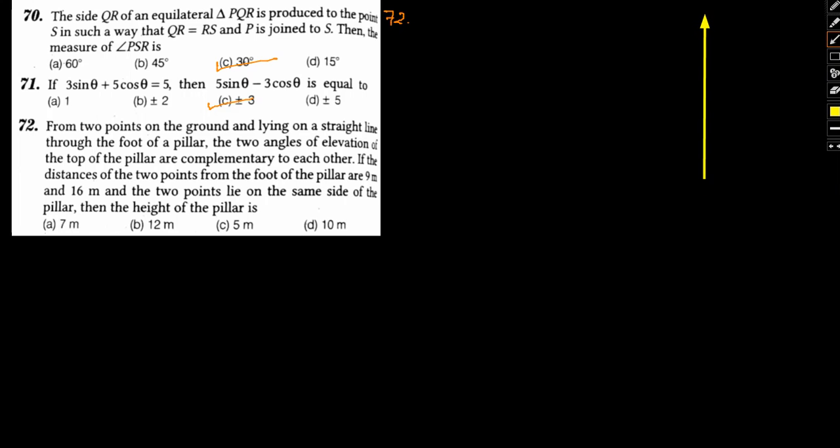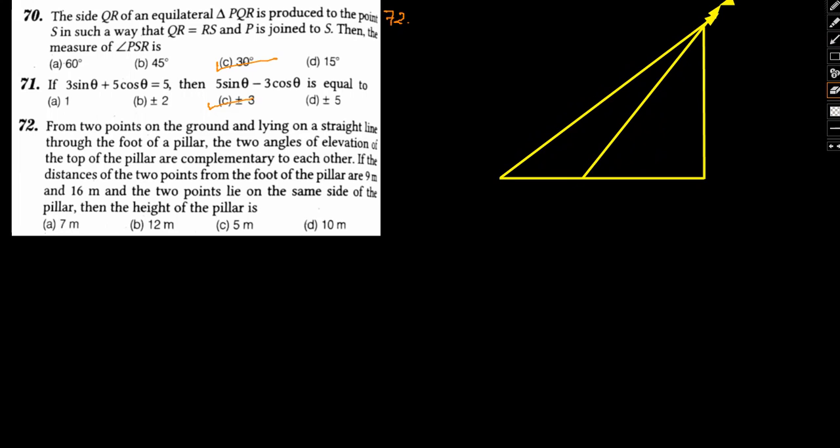Say this is a pillar. So now we have two complementary angles. One beam starts from here, extends till here, and another beam starts from here, extends till here.